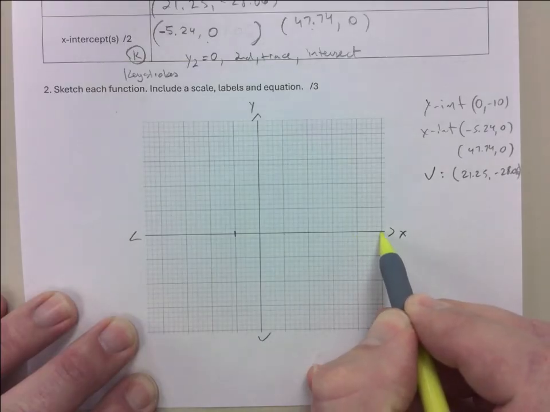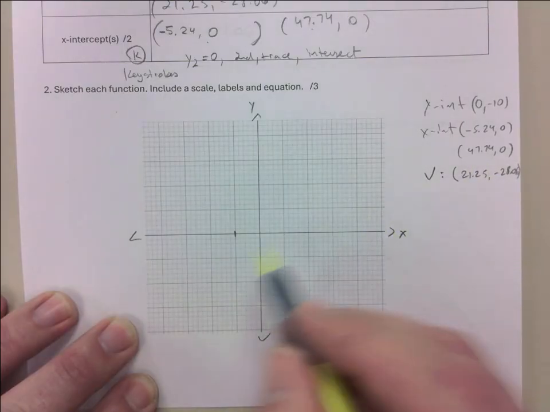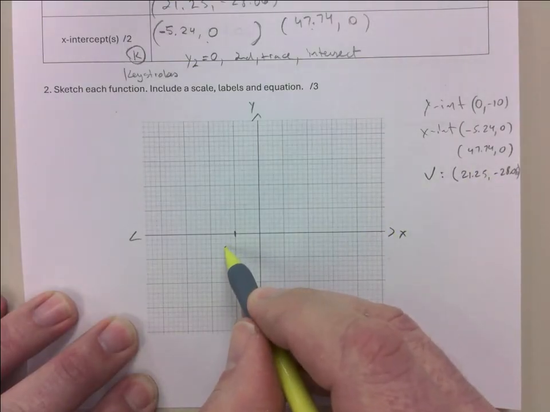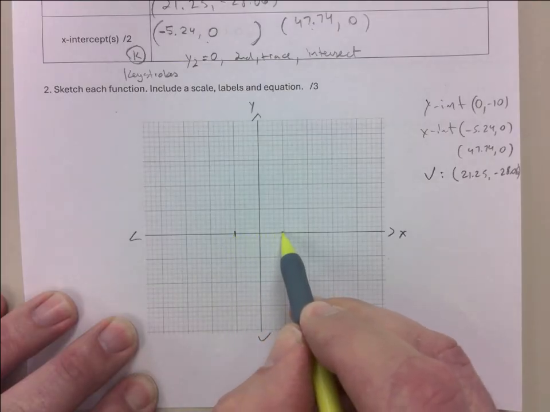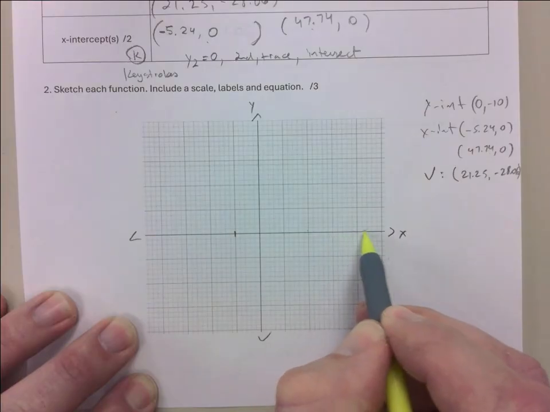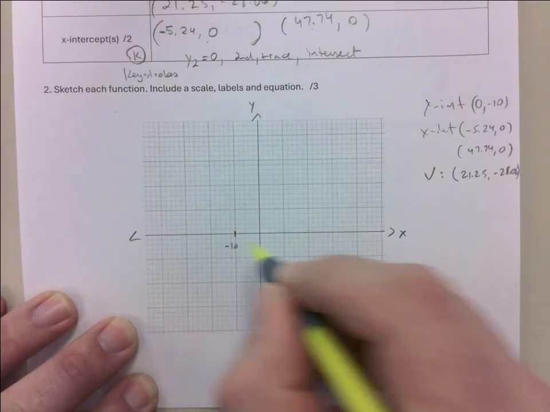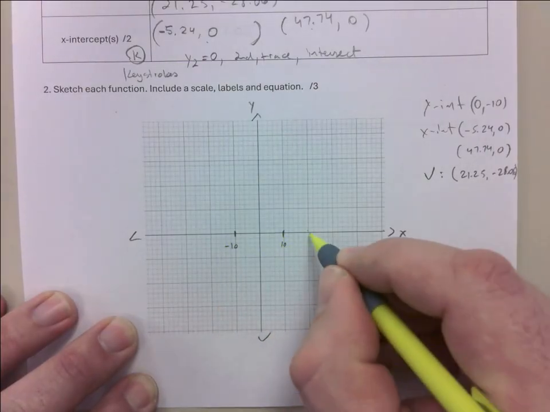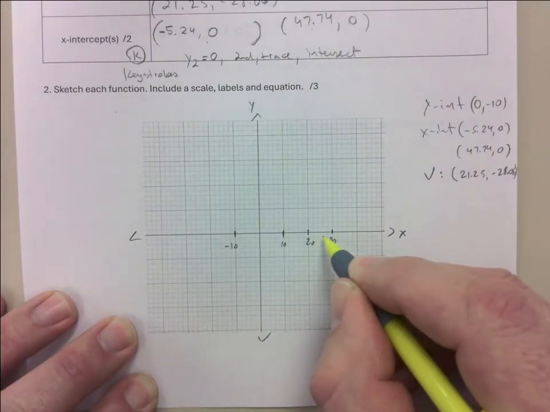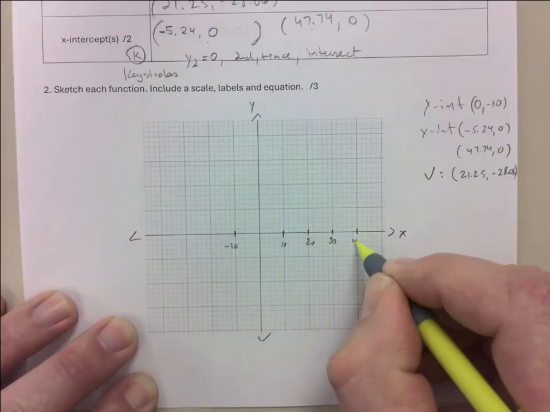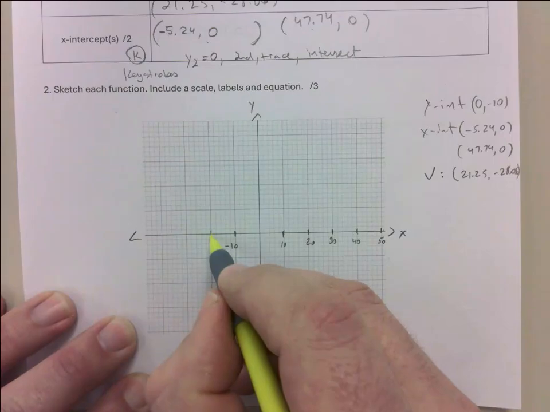You're going to run out of space, because the 47 needs to fit in here. So I'm going to go by 10s. So if this is 10, I go 10 this way, 10, 20, 30, 40, 50. That works for me. So I'm going to go negative 10 here, and this is going to be 10, 20. Just make sure it's a consistent gap, right? You need to make sure of that, and I provide you with a grid so you don't have to guess.